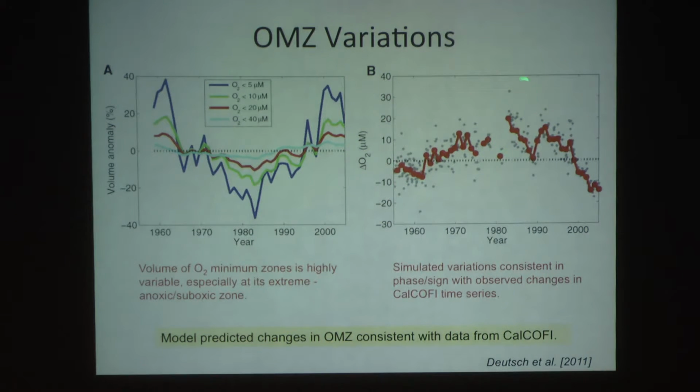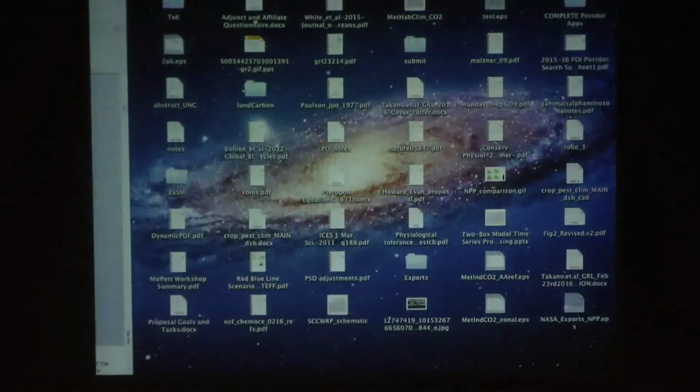So when oxygen concentration is high, we expect the volume of low oxygen water to be low. But it's a circumstantial kind of comparison at this point. Still, worth exploring why that happens. It's a very strong response of the ocean, and it's very much not unidirectional. There's obviously some big mode of variability happening to drive this thing up and down like that.